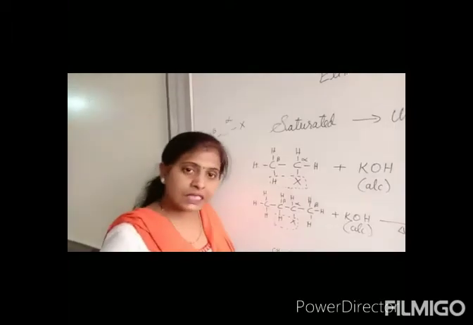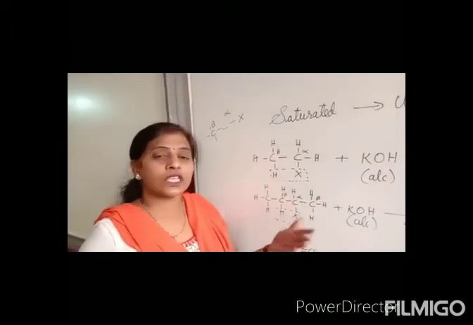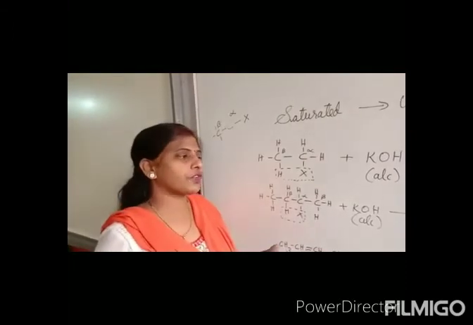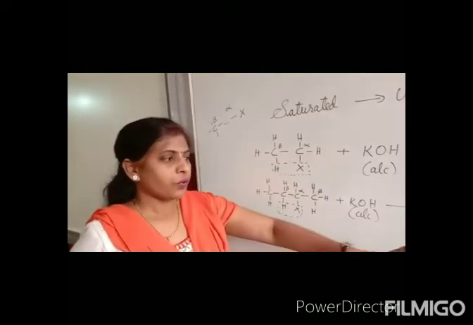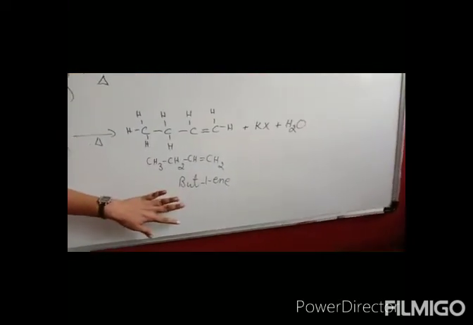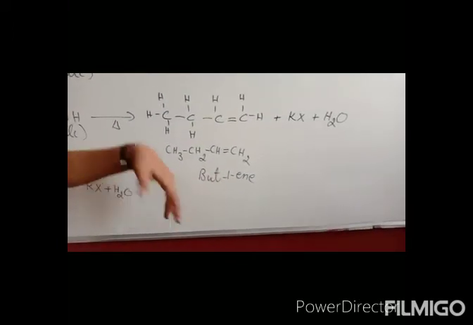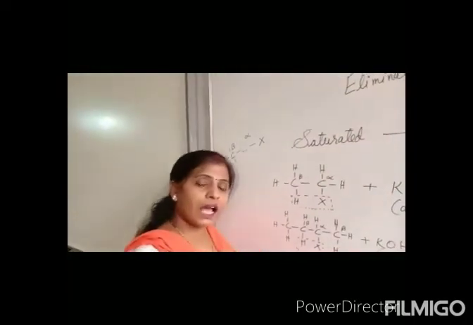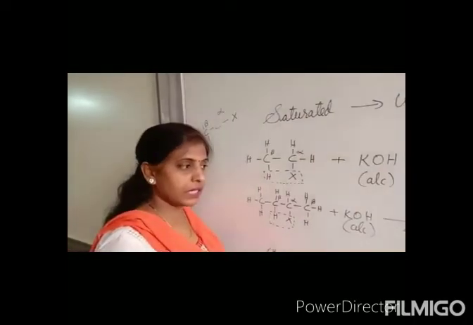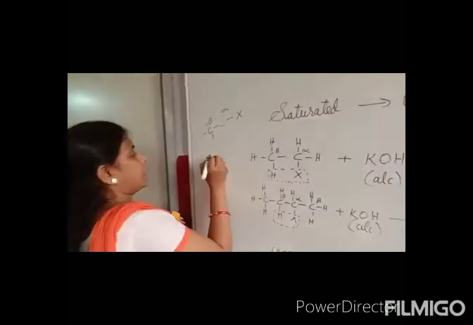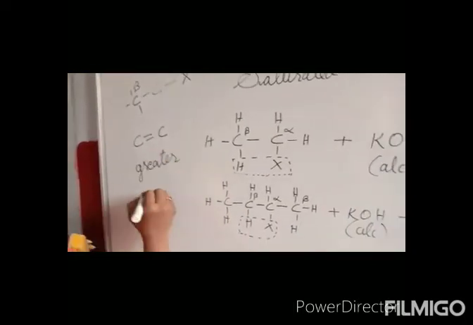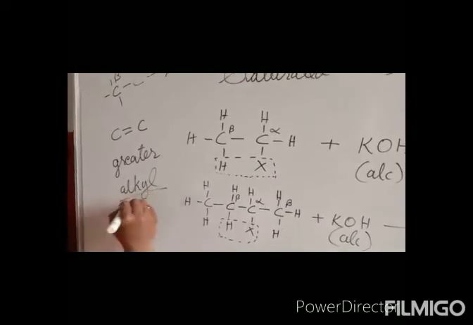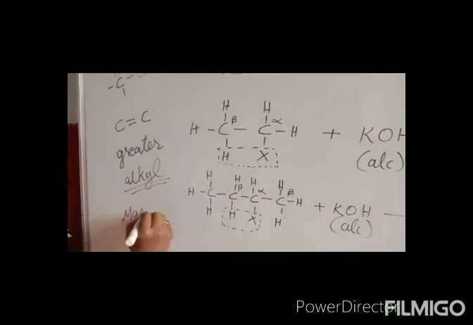Now what did this chemist do? Saytzeff, the Russian chemist, studied n number of elimination reactions, and he concluded that in elimination reactions where we have a higher alkyl halide group, that product will be preferred in which we have a greater number of alkyl groups attached to the carbon double bond. I repeat, the carbon to carbon double bond where I have a greater number of alkyl groups attached to it will be the major product.